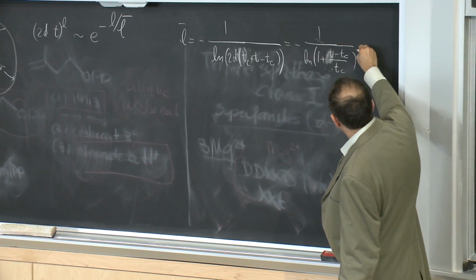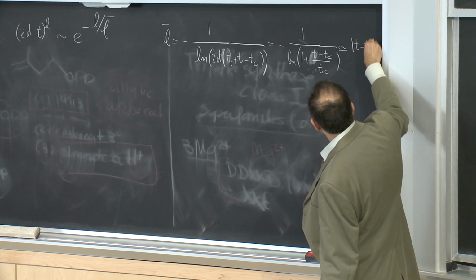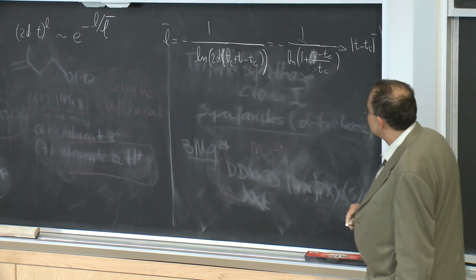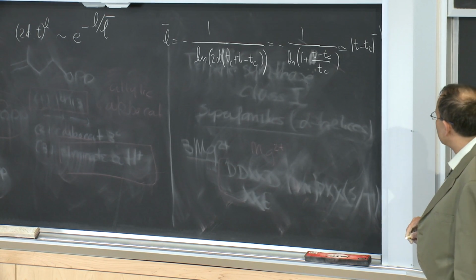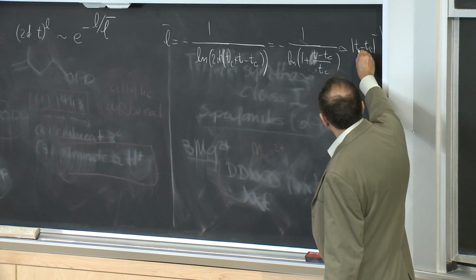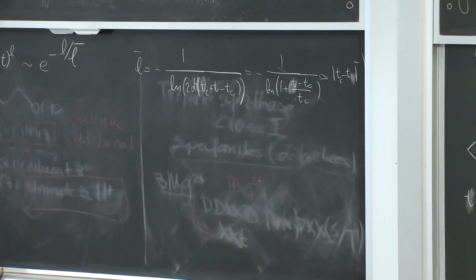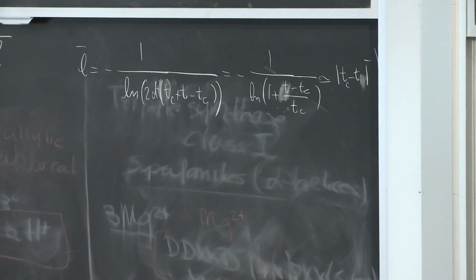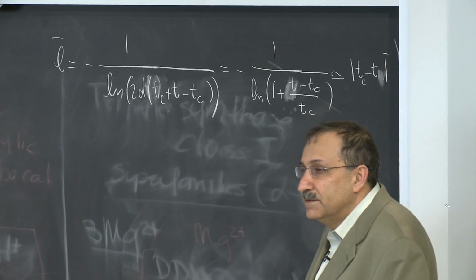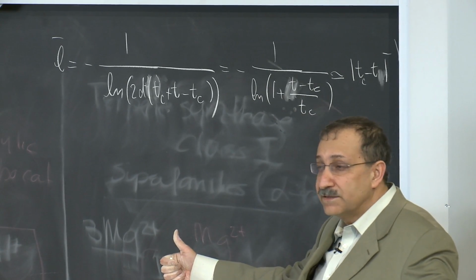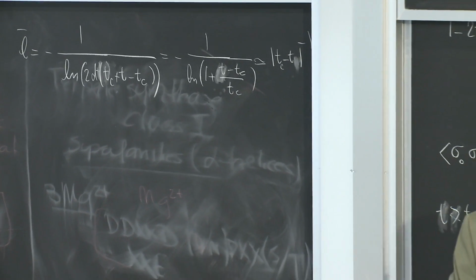So you can see that this diverges as t minus tc to the minus 1 power. I guess I want it to be tc minus t because t is less than tc. But the point is that the divergence is linear. As I approach tc, the length of these paths will grow inversely to how close I am.